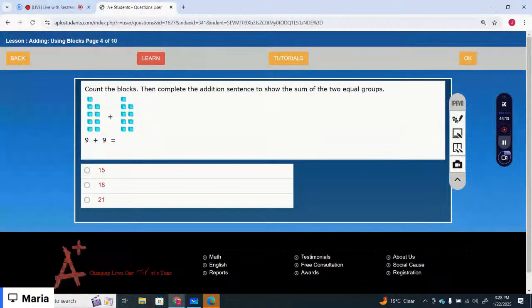So which is the correct option? Nine plus 9 makes 18. Option number 2 is the correct option. The correct option is 18.